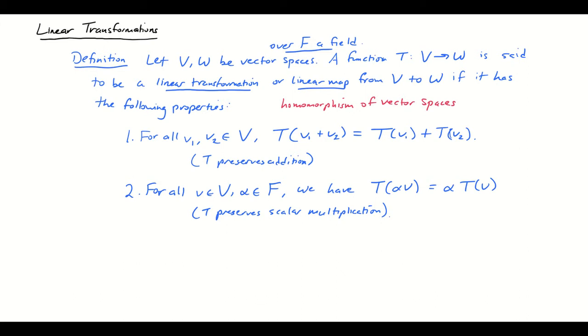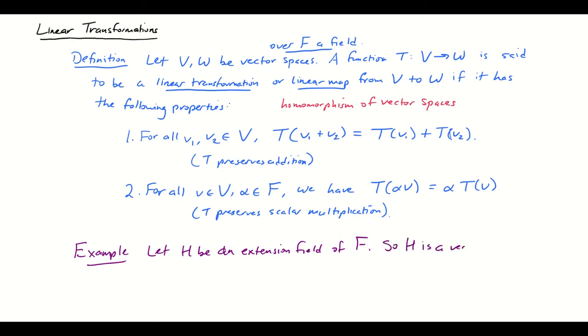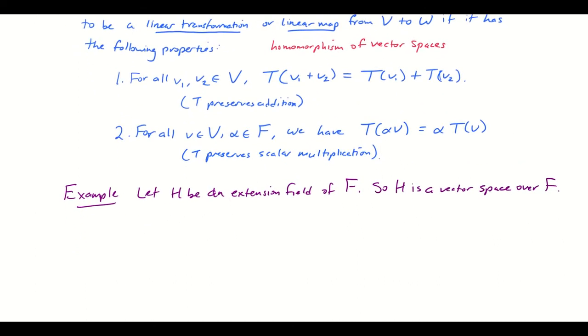Now let's talk about one of the most important examples, or at least an important example for field theory. Let H be an extension field of F. So H is a vector space over F, with the scalars coming from the smaller field or the subfield F. So here's my example.